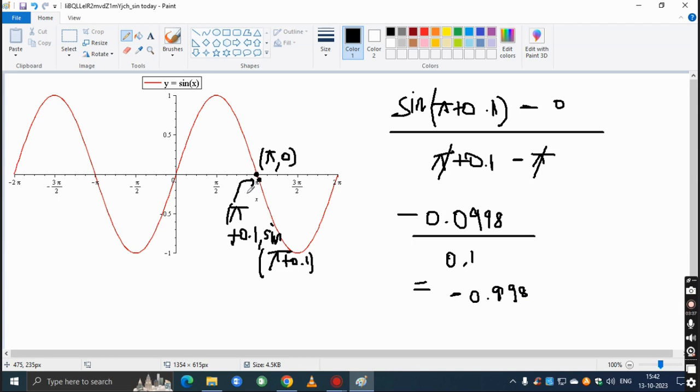So as you pick values, if you pick pi plus 0.000001, then the y coordinate is going to be sine of pi plus 0.000001, whatever. So if you pick points that are really close to pi comma 0, then this answer is going to become better and better, and you find that dy by dx at x equals pi is nothing but -1. So dy by dx is going to be -1 at x equals pi.